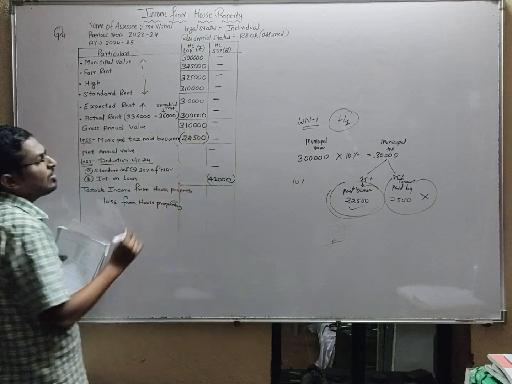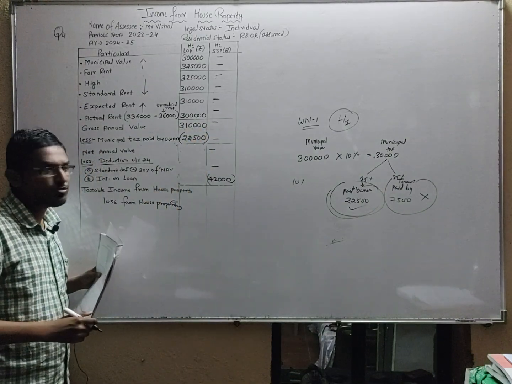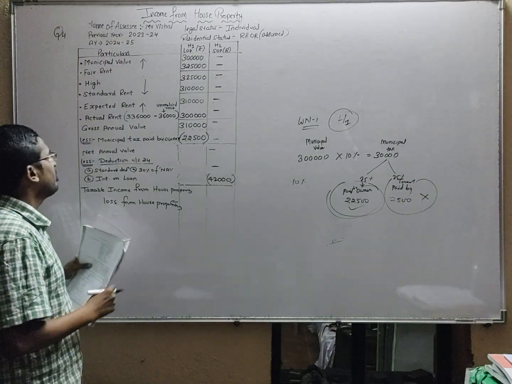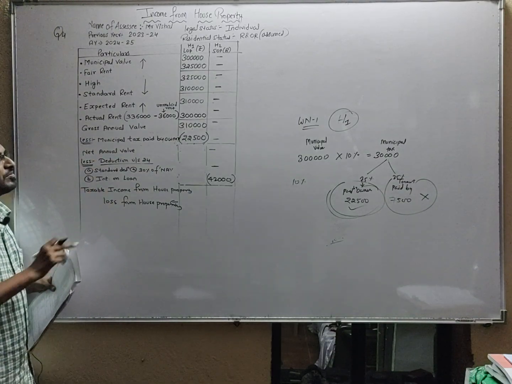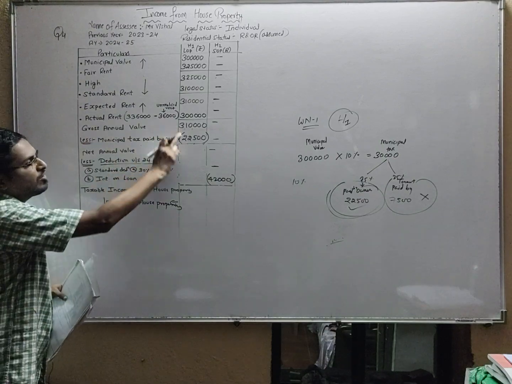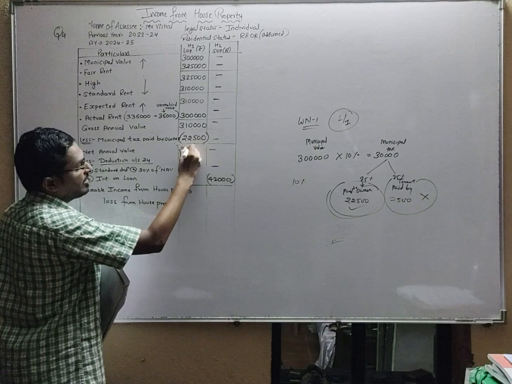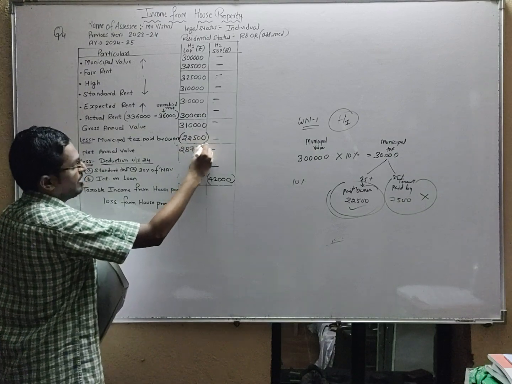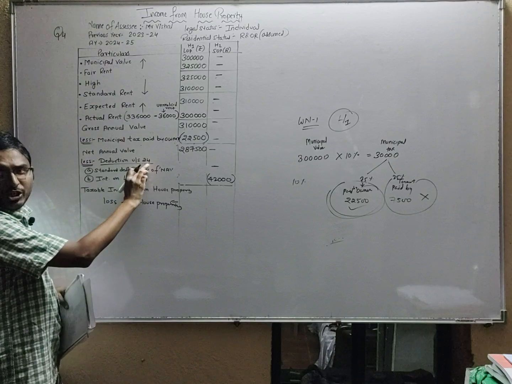So 3,10,000 minus 22,500, how much you will get? Just calculate, students, calculate it. What will be the net annual value? 3,10,000 gross annual value minus municipal tax paid by the owner, 2,87,500.